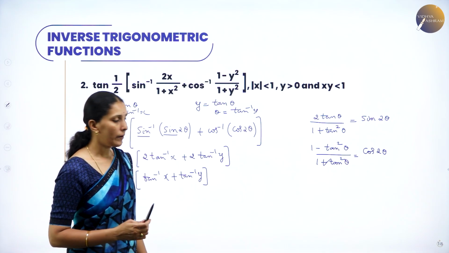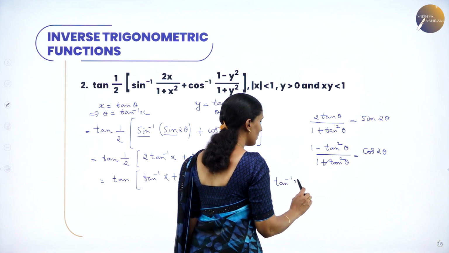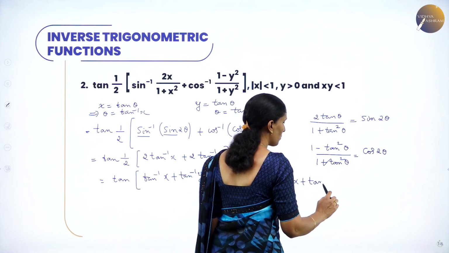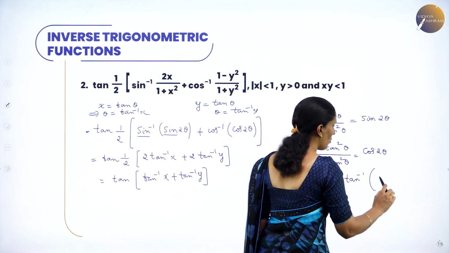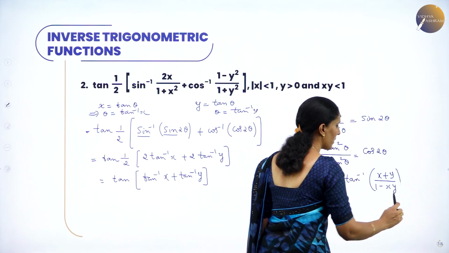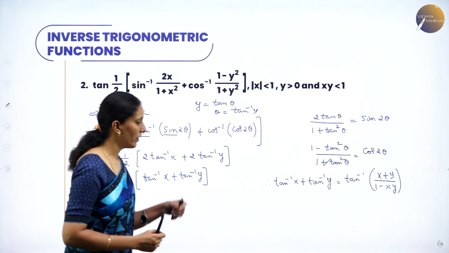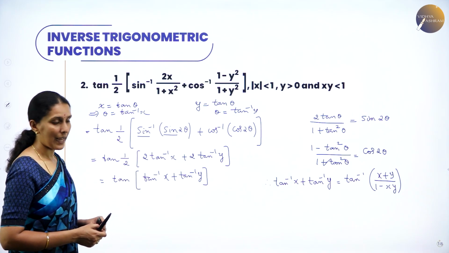So we have one property among the inverse trigonometric functions, that is tan inverse x plus tan inverse y can be written in the form of tan inverse of x plus y divided by 1 minus xy. This is the property of trigonometric functions on tan inverse x plus tan inverse y.